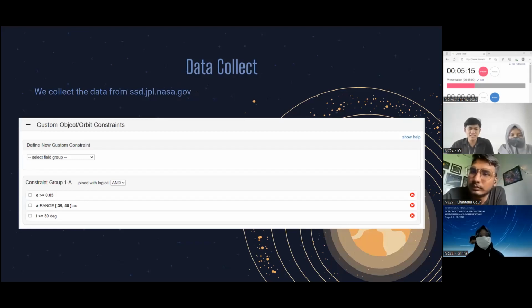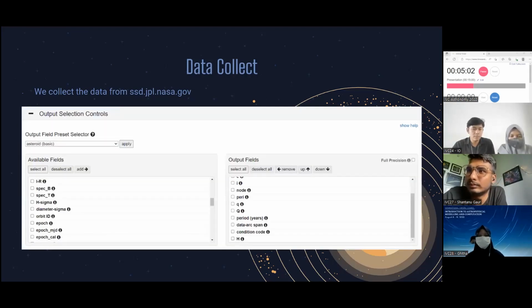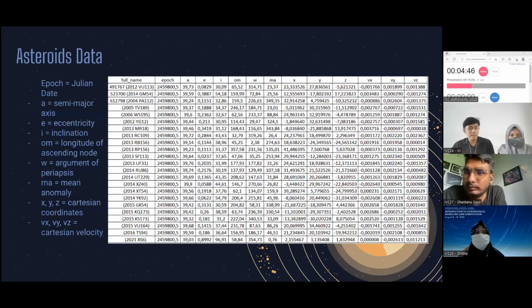We use eccentricity greater than 0.05, semi-major axis within the range 39 to 40, and inclination greater than 30 degrees. After that, we apply the output for the basic asteroid data, and we add the Julian date, the epoch, and the mean anomaly, and we get the data.